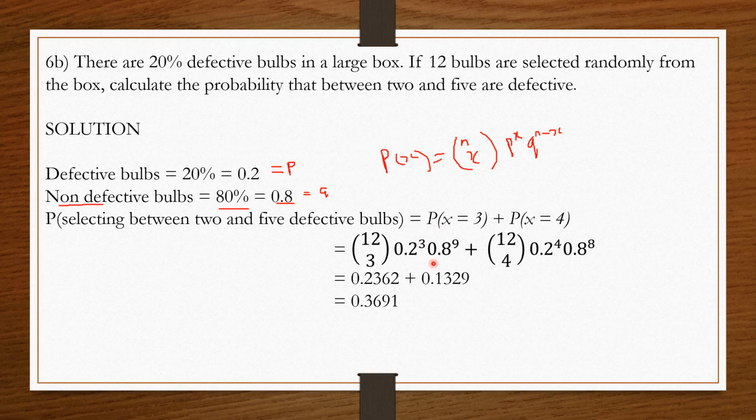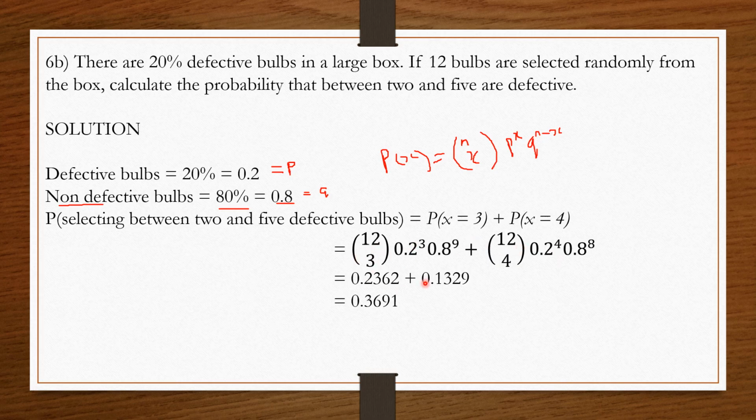Our N is 12, and X is 3. Then our P is 0.2 raised to power X, which is the number of defective bulbs here, 3. And then for the non-defective, we have 0.8. If we subtract 3 from 12, we have 9 remaining, plus here we have 12 choose 4, because this is for 4 now, and 0.2 is raised to power 4, and then 0.8, if we subtract 4 from 12, we have 8.